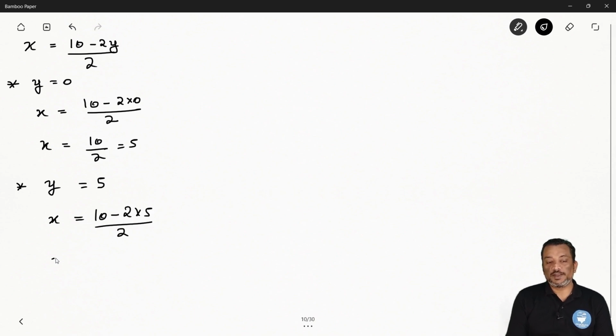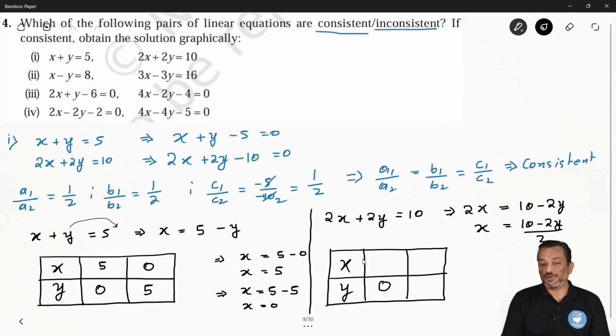So you can get x is equal to 10 minus 10 over 2. So which means x is equal to 0. So you can say when you have taken the y value 0, x you got how much? You got 5. And when you taken the y value 5 and x you got 0, means overall both same solution.